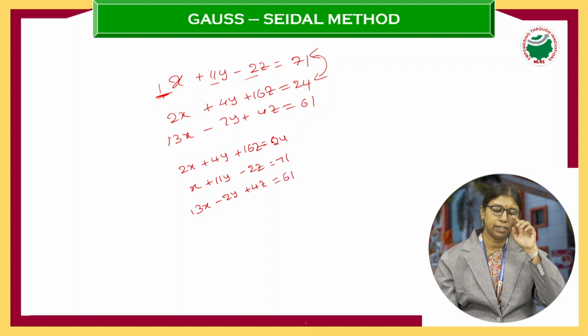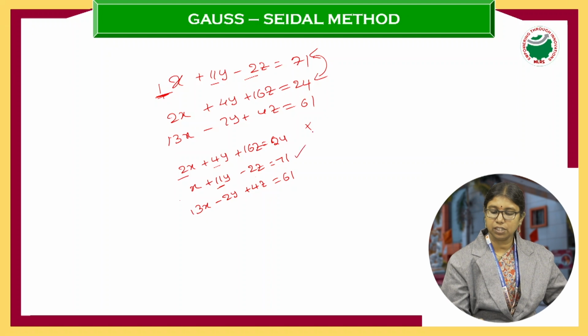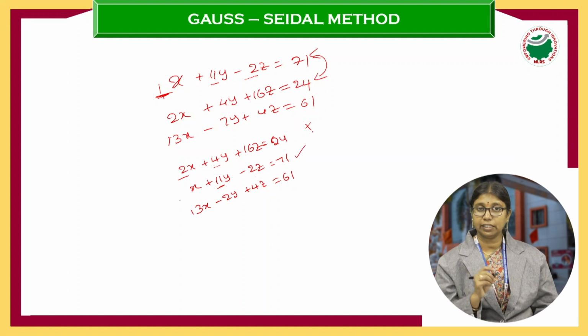Now compare the conditions. Still here in the first equation, 2 is not greater than 4. It fails the condition. But see, 11 is greater than 1 and minus 2. So the second equation is clearly diagonally dominant.